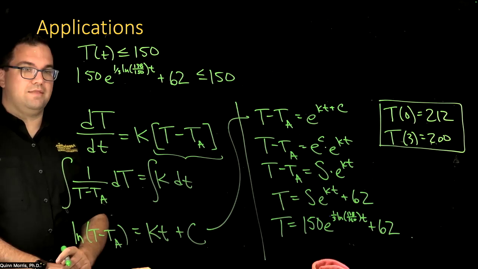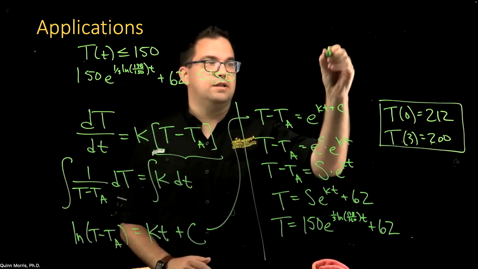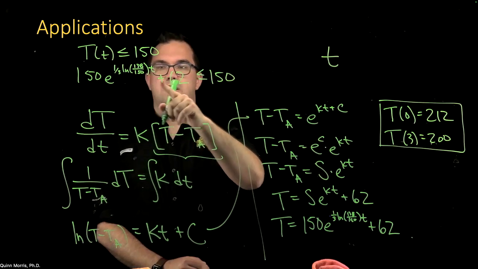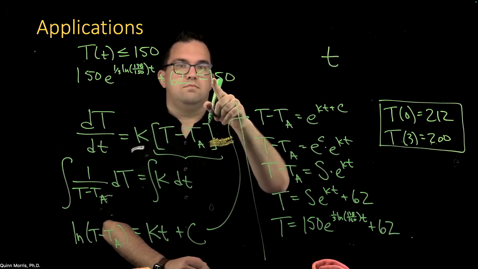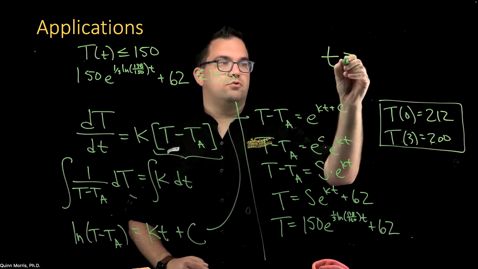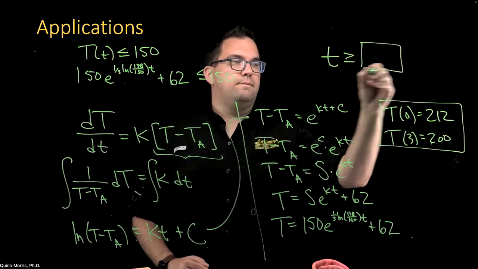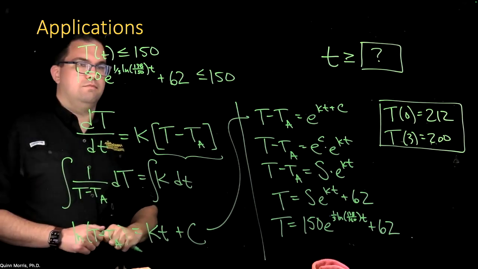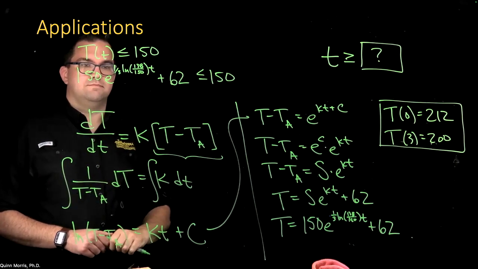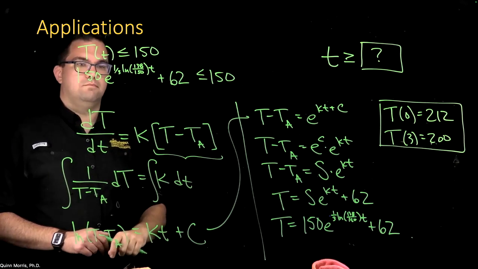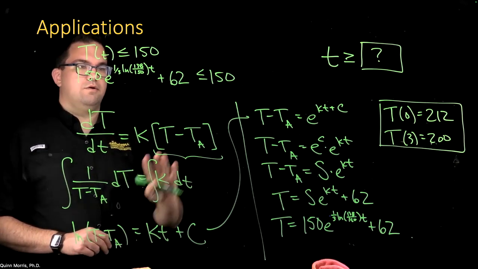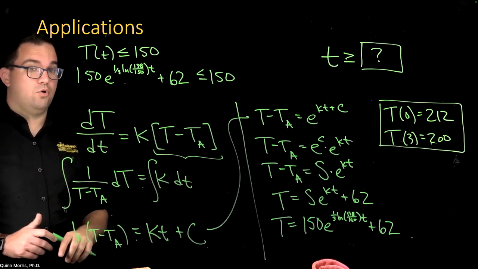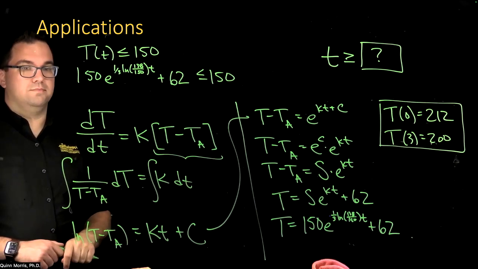So you should end up with something like this: when t becomes greater than some number, then the temperature will be less than 150 degrees. Okay, so we'll pause things there. You'll then have opportunities in the homework and a quiz to practice more problems of this type.